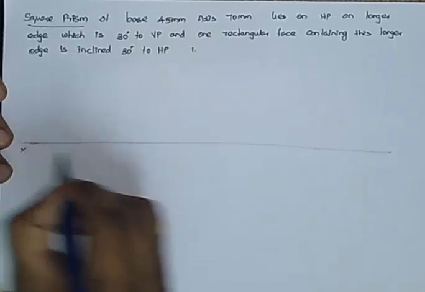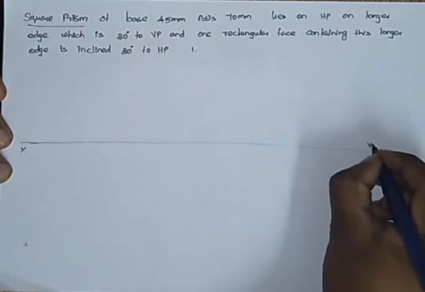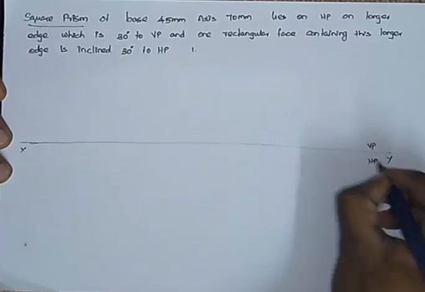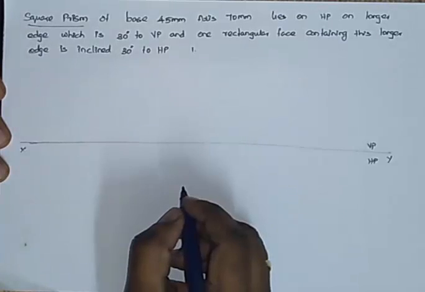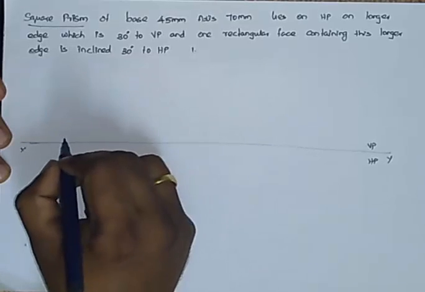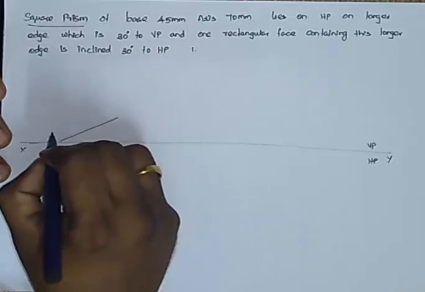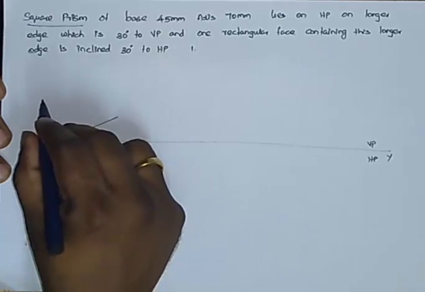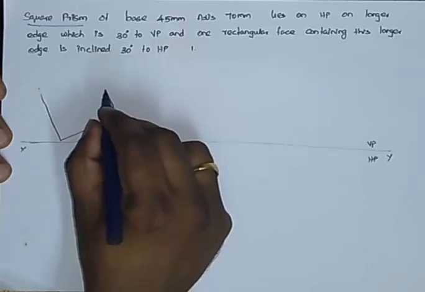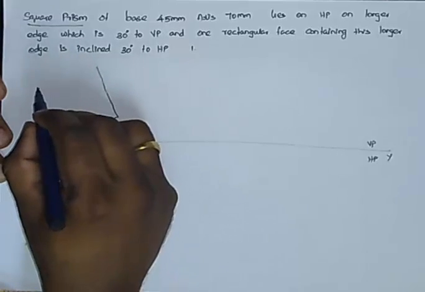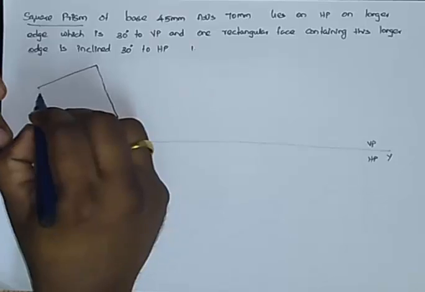So this is X, this is Y, this is VP, this is HP. While I am drawing the true shape, first thing I have to do is make a 30 degree line here. And the square is placed like this.